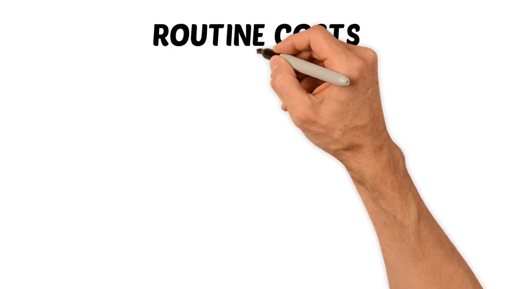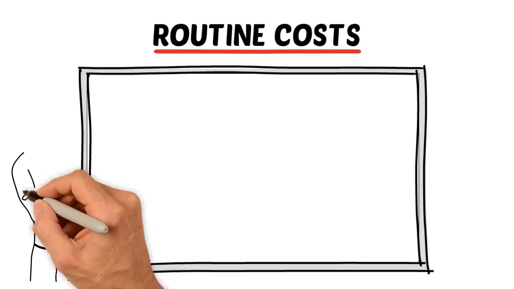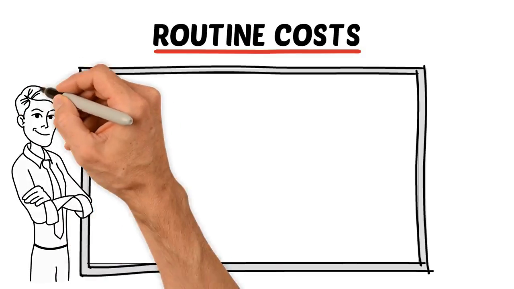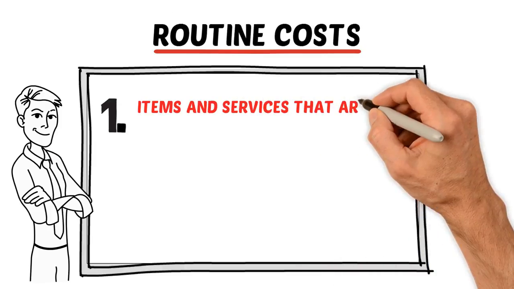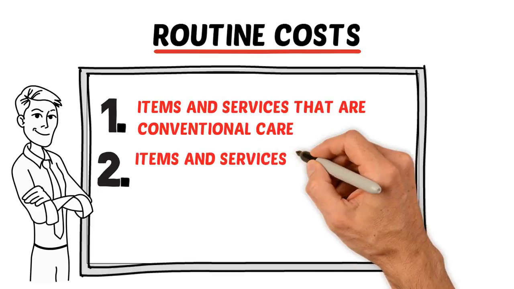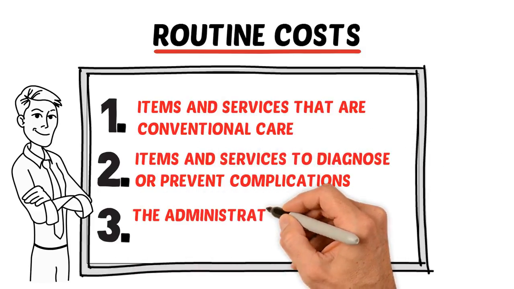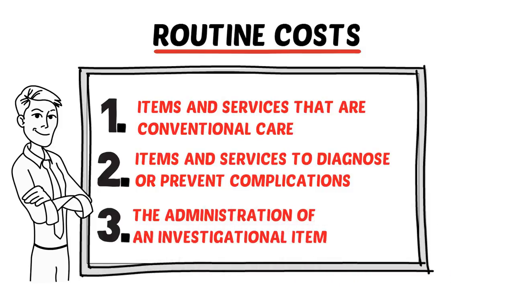During a qualifying clinical trial, Medicare covers routine costs. The regulations explain routine costs to be: 1. Items and services that are conventional care. 2. Items and services to diagnose or prevent complications. 3. The administration of an investigational item.